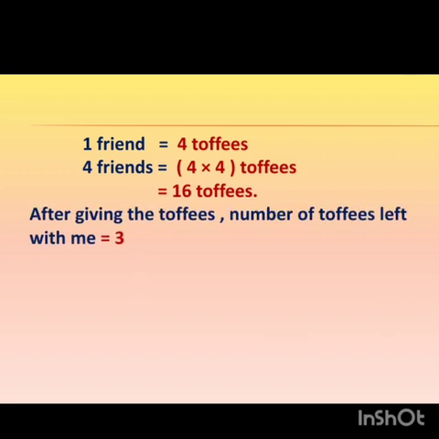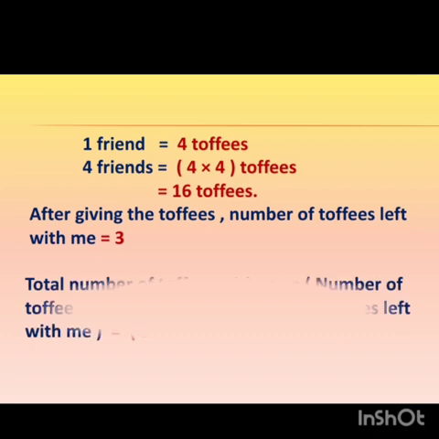After giving the toffees, the number of toffees left with me is equal to 3. That means I distributed 16 toffees to my 4 friends. And after giving the toffees, the number of toffees left with me is equal to 3.